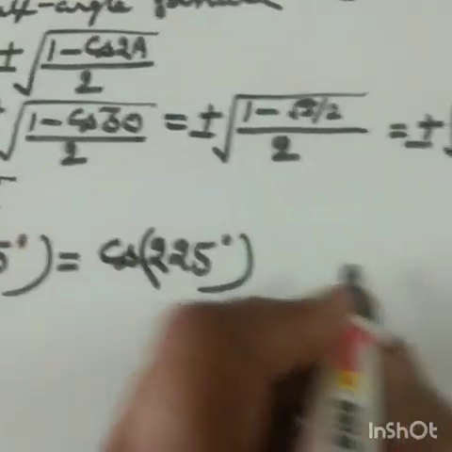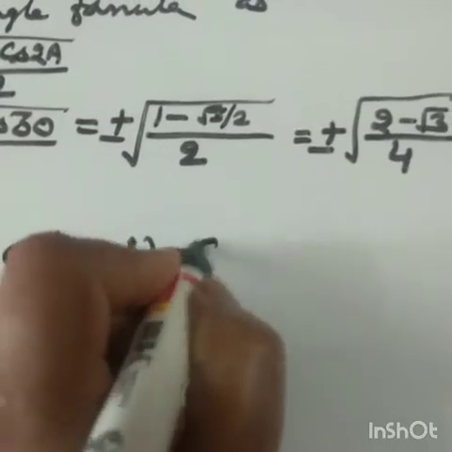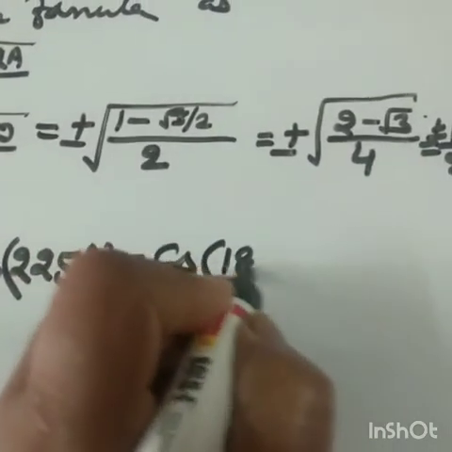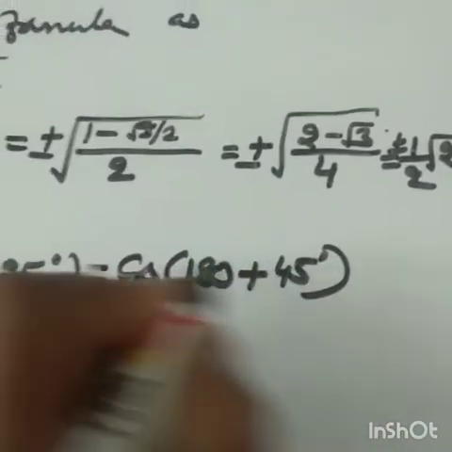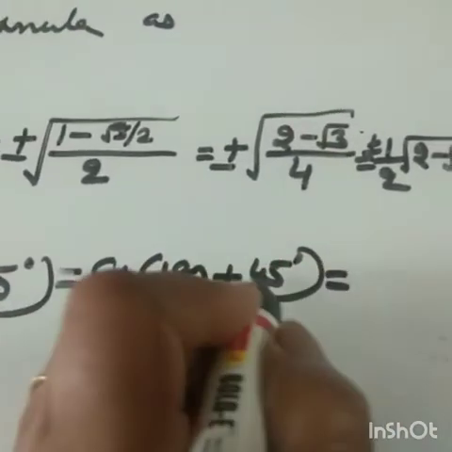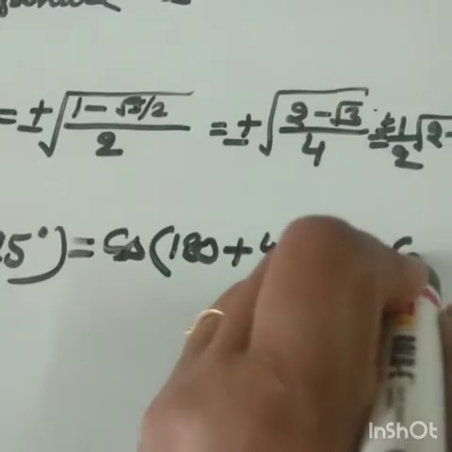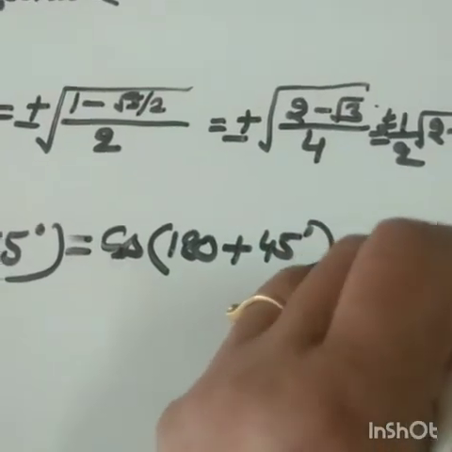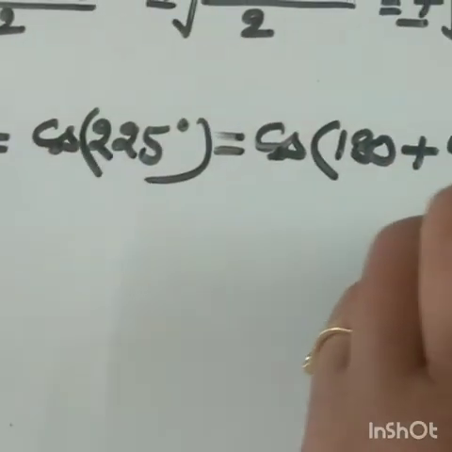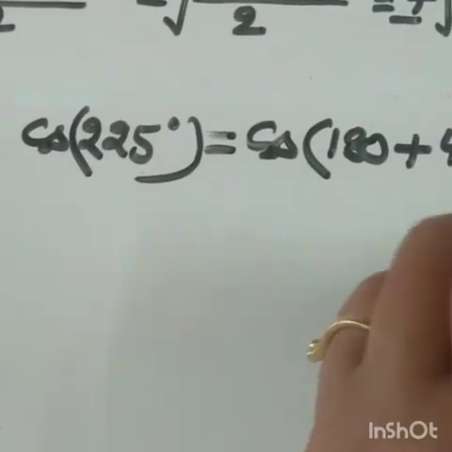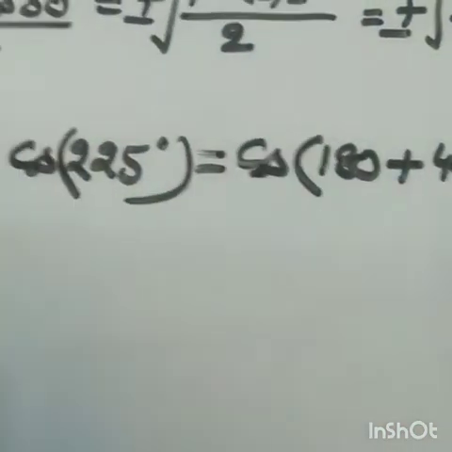Now cos 225 is cos of 180 plus 45 degree, and this is the third quadrant, where cos is negative, so it is minus cos 45 degree. I hope it is clear. So the value becomes minus 1 by root 2.